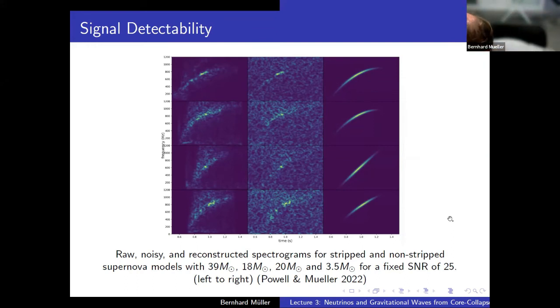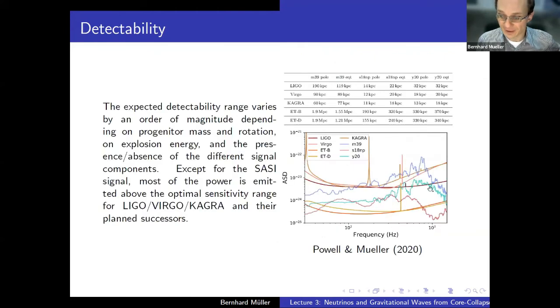There was a question in the chat whether LISA will be able to detect the higher frequency range. So LISA as a space detector, unfortunately, will not help us extend this to a higher frequency range. LISA will be on the other side when not much is happening in the supernova signal.